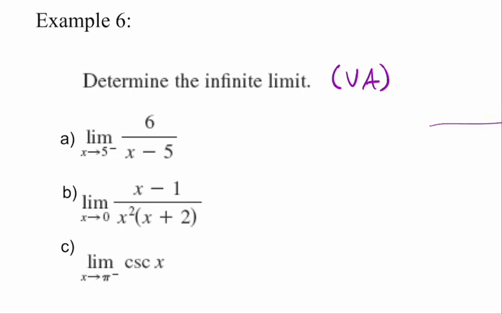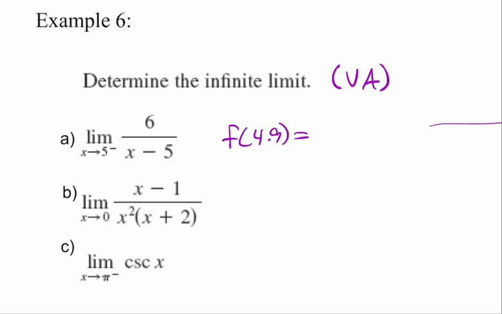But my job is to figure out, well, which one? Without graphing it, how can you tell? So here's the trick. For 5, let's plug in 4.9, because that is slightly to the left of 5. I usually go a tenth. A tenth usually gives me enough information. It's usually close enough for me to determine what is happening.